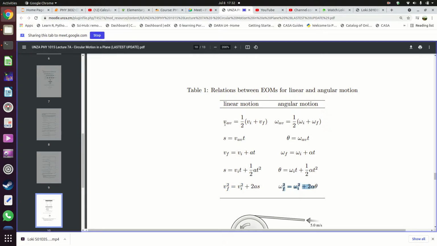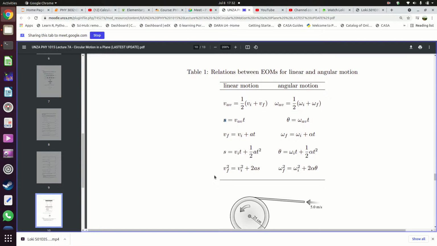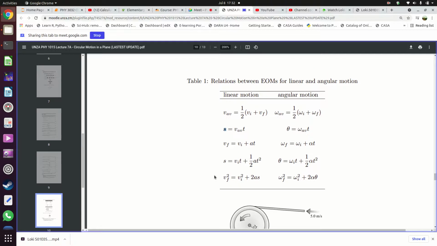It's enough to not only know the ones in a straight line, these ones, but if you're going to find the circular equivalent of this equation, you have to replace S with theta, you have to replace V with omega, you have to replace A with alpha, so that you can get these other equations this side. Are we clear? Any questions so far on what we have done?